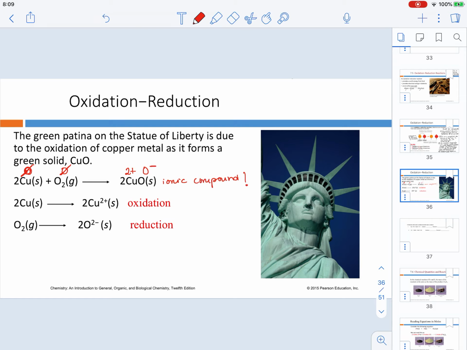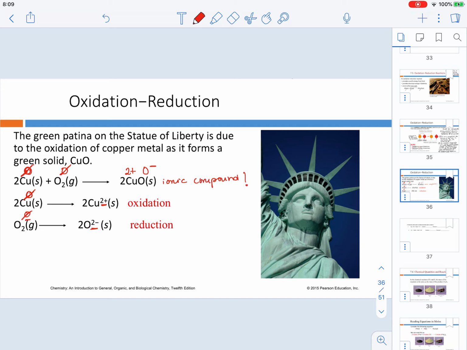Whenever we're comparing what is occurring to these molecules, understand that we go from what happened in the reactant to how it looks in the product. As you can see, copper went from 0 to positive 2. Oxygen went from 0 to negative 2.